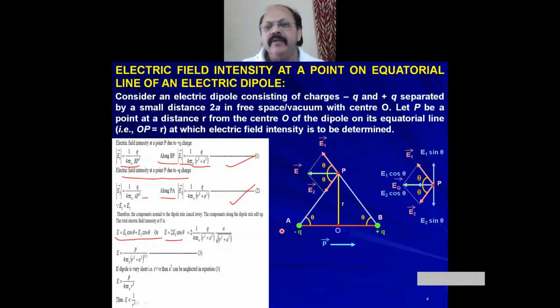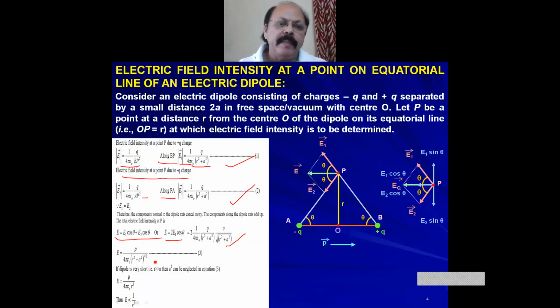So you calculate the value of cos theta from this triangle OPB, that is cos theta equals base upon hypotenuse. So A upon under root R square plus A square. Substitute this value here and solve it.